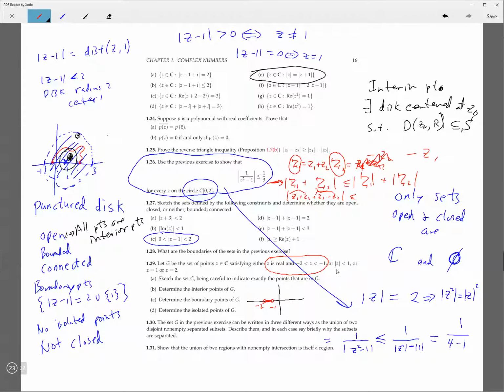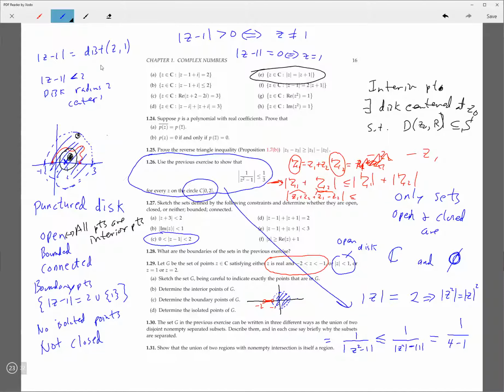For modulus of z less than 1, this is going to be an open disk. So that will be like this. And then these are just going to be points. So 1 and 2, which is like right there and there.